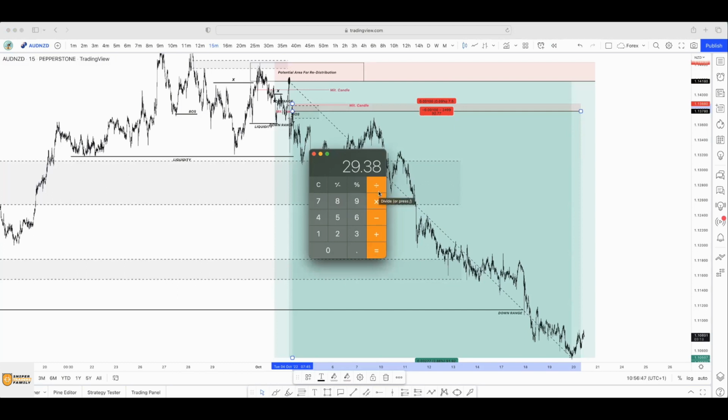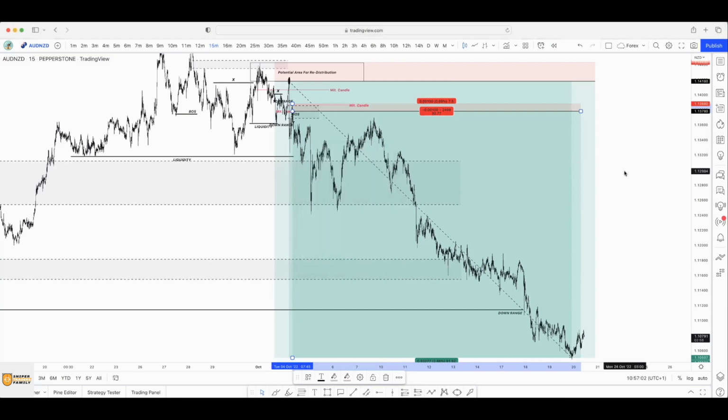So even the entry after has doubled the entry before. Then you see 2 times 14.69 will give us 29.38. And then we still have extra. This is still 32. So we still have more reward because of the power of lower time frame play. That is how amazing lower time frame entry can be, right?